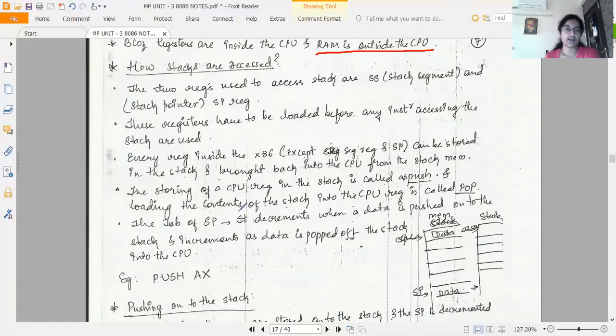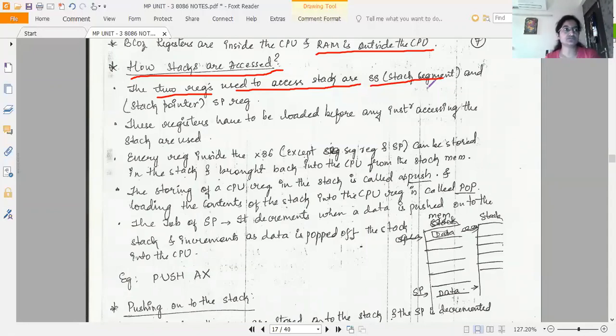Now, how is the stack accessed? Let us see. There are two registers used to access the stack. What is that? Stack segment. This we know already, isn't it? It is the segment in the memory, isn't it? So if we have to access the code segment, we require the code segment register, which is 16-bit in size.